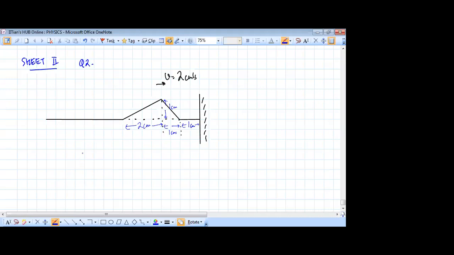So you have to draw the shape at t equal to 2 seconds, and you have to find the particle speed at the leading edge. Let's understand what that also means.